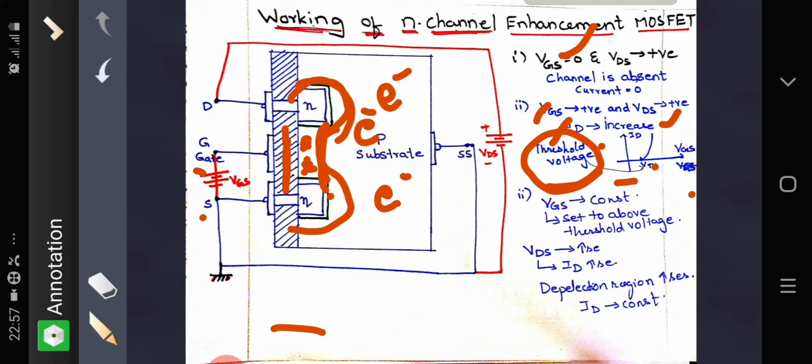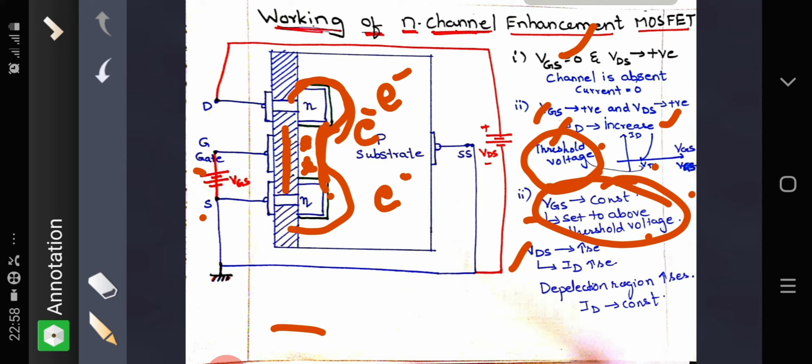Now let us take the case where we take a VGS value which is positive and greater than the minimum threshold voltage. We set this as a constant voltage, more than the threshold value, and also increase VDS.